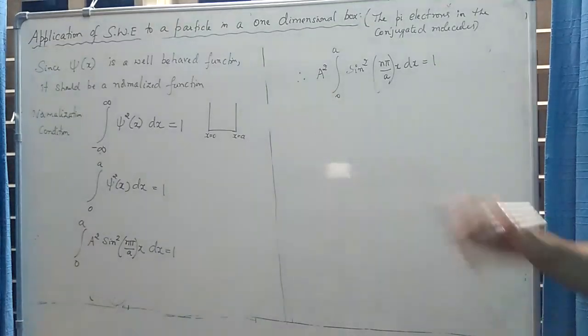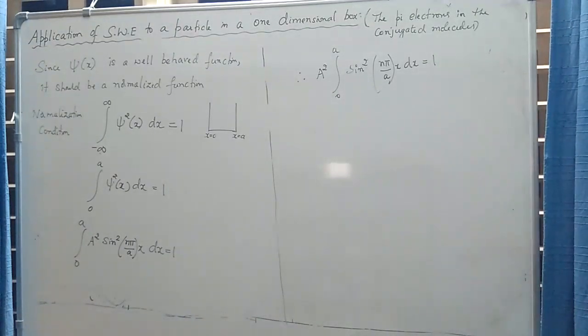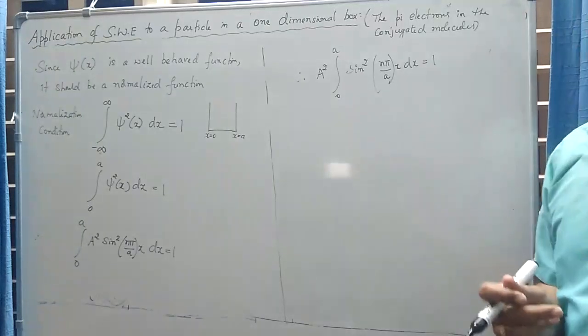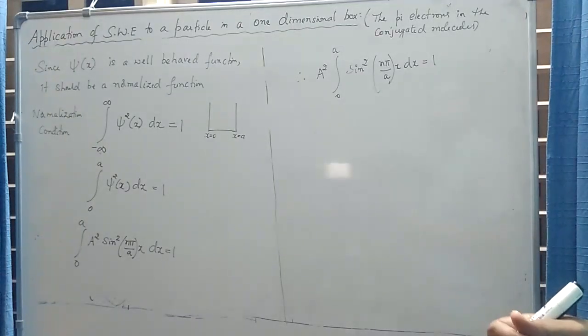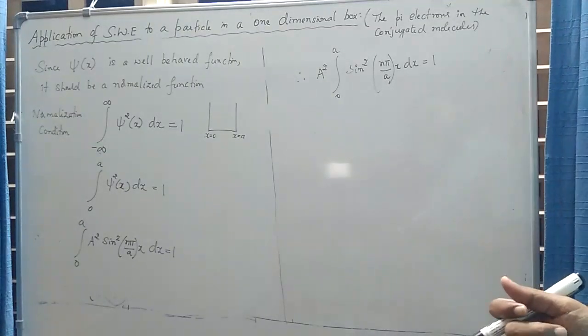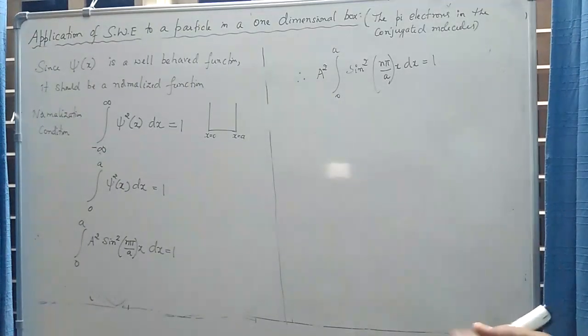So you can solve this integration. It is a very simple integration because sin square theta is nothing but (1 minus cos 2 theta) divided by 2. So using that, you can simplify this integration.